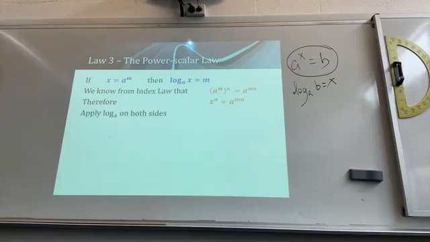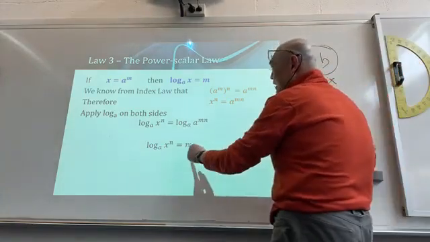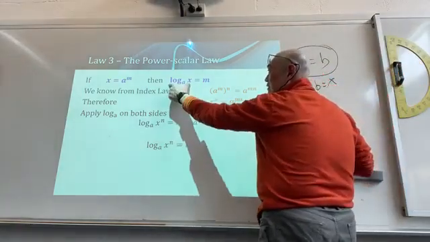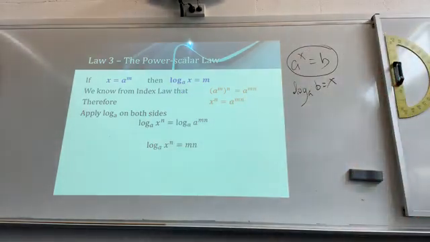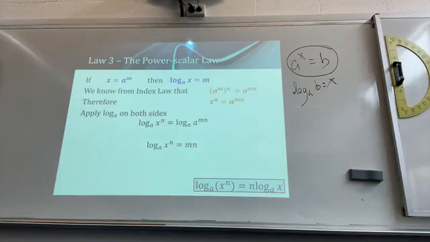Again, applying log base a on both sides, you can see what I'm getting at now. Log base a of x to the power of n is m times n, and you know m is log base a of x. So therefore, the next one that you need to know is log x to the power of n equals n times log x. So the three laws will all be in your formula sheet.